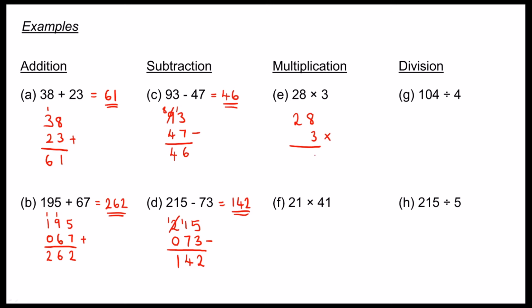I'm going to write that the same way that I did for adding. So I'm going to put a 4 underneath and carry 2 over to the next column. I now need to work out 3 times 2, which is 6, but again, add on the 2 that I've carried over, which gives me 8. That therefore means my answer is 84.